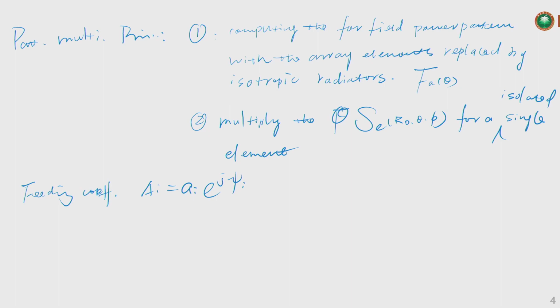Then the array factor is related to two parts, right? One part is the amplitude distribution, and another part is the phase distribution. So they are called the array amplitude distribution and the array phase distribution.